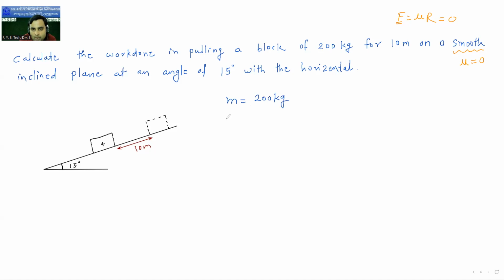So what is the weight now? We always consider weight here. W is equal to mass into acceleration due to gravity, mg. You used to say mass is equal to W by g. So W is equal to mg. M is 200 into g is 9.81. What is the value?